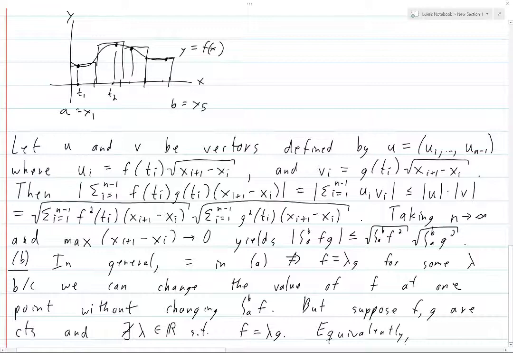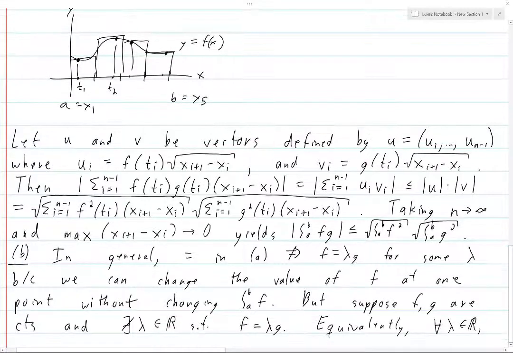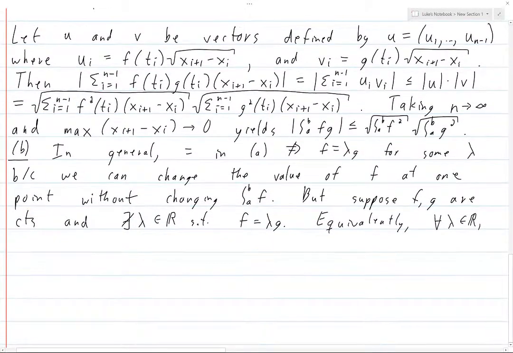Equivalently, if there does not exist a lambda in R such that f of x equals lambda times g of x for all x, then for every single lambda, there must be some point such that f of x is not equal to lambda times g of x.